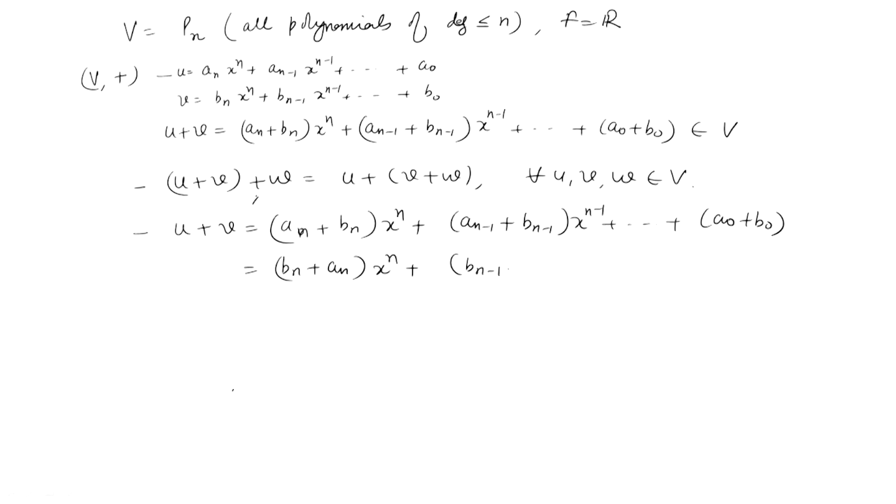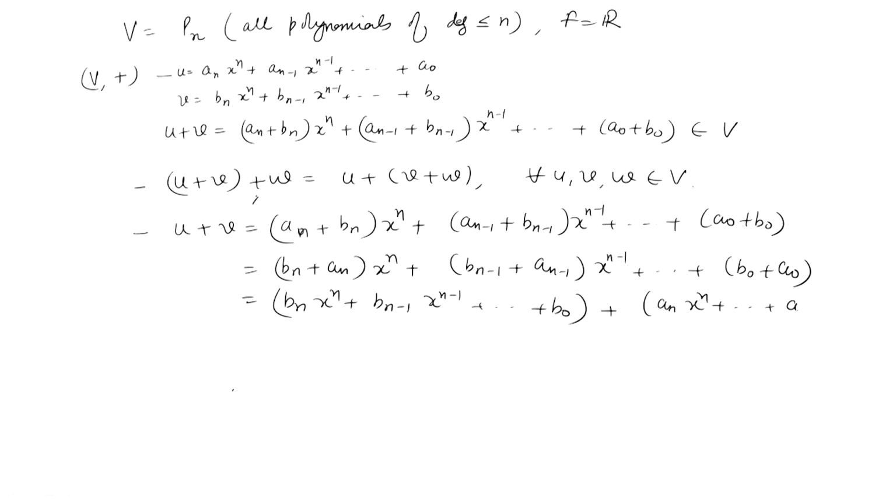This is b n minus 1 plus a n minus 1 x raised to power n minus 1, and this is b naught plus a naught, and this can be written as b n x raised to power n plus b n minus 1 x raised to power n minus 1 and so on b naught, by the definition of vector addition, plus a n x raised to power n plus a naught. So, this is v plus u for every u, v belongs to V. So, we have shown that it commutes.